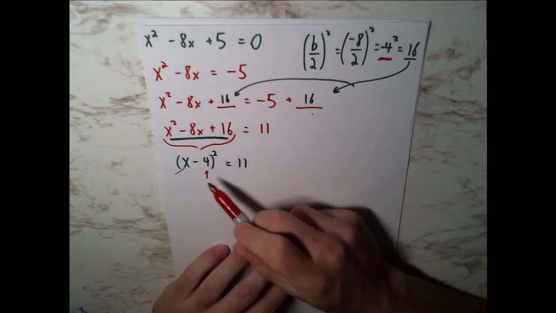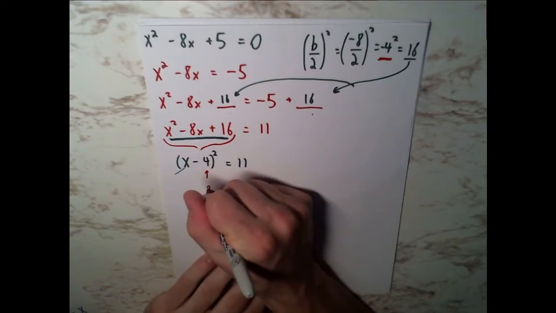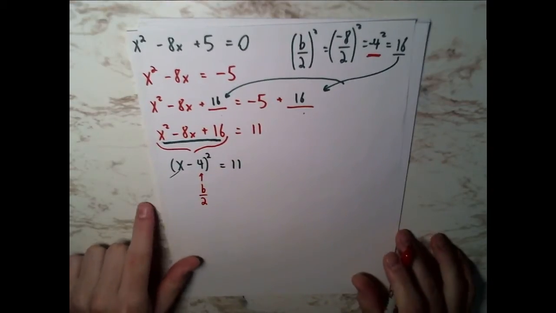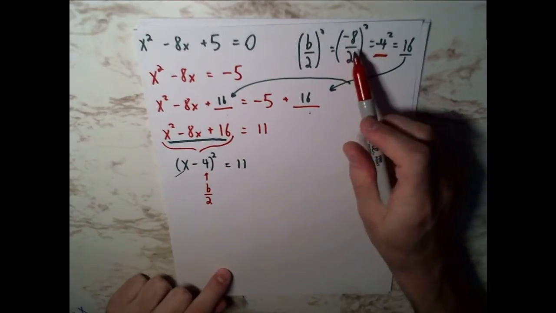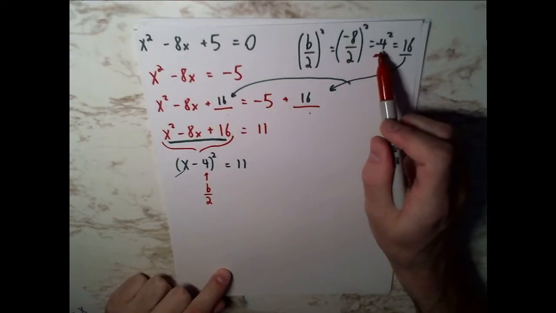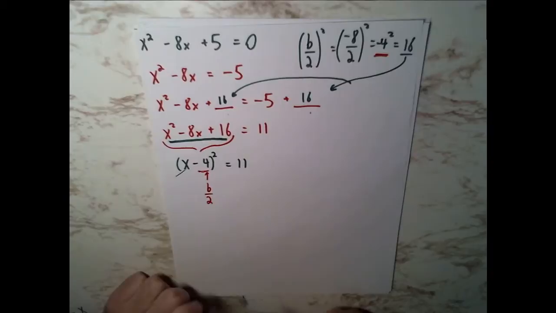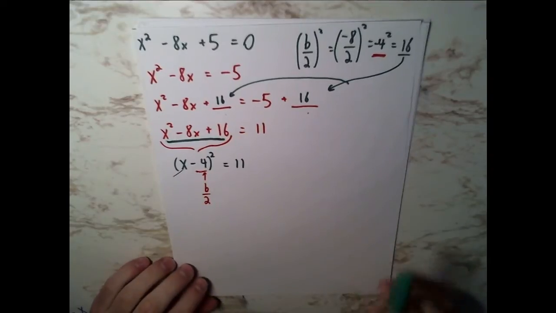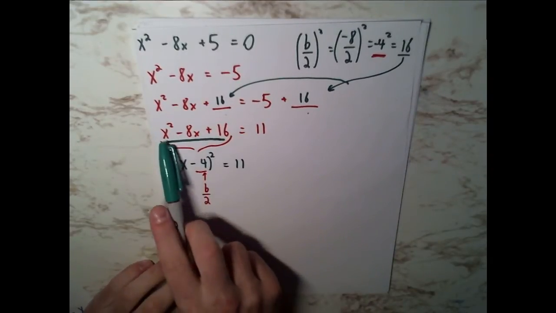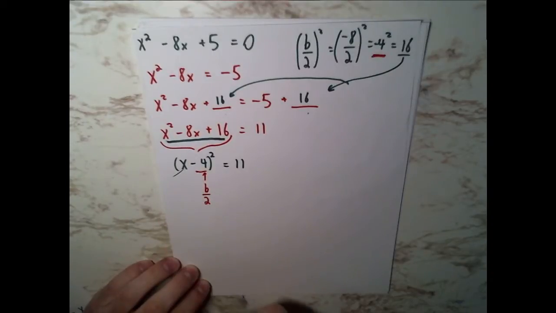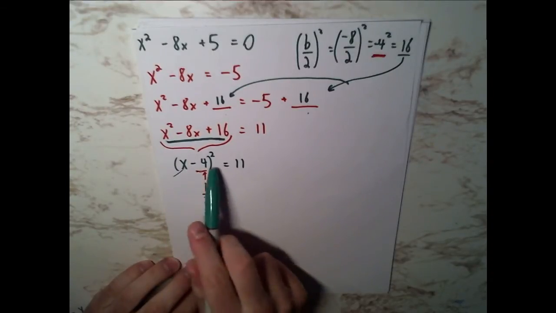So the number that goes here is actually going to be your b term cut in half. So you can see that negative 8 over 2 is negative 4, and negative 4 is what goes in right here. So that's actually going to work out every single time that we complete the square. So if you don't want to remember this trick, you can always just factor this using your normal factoring rules, and you'll get to the same spot.